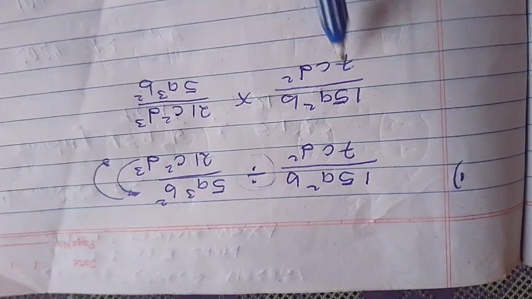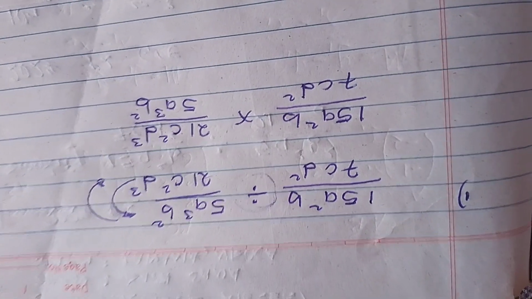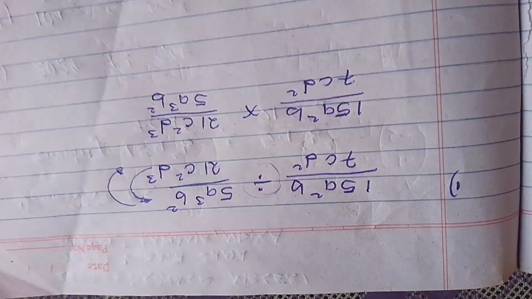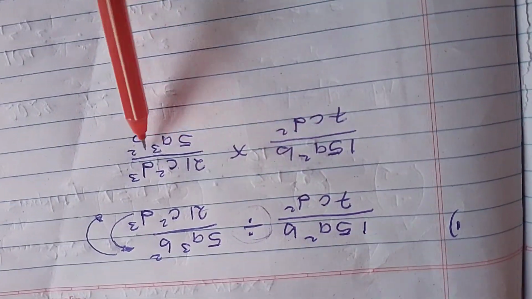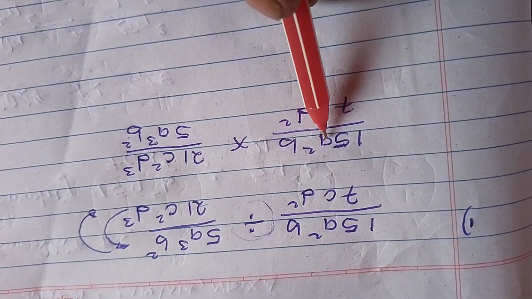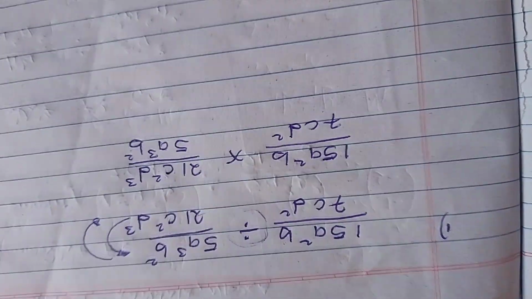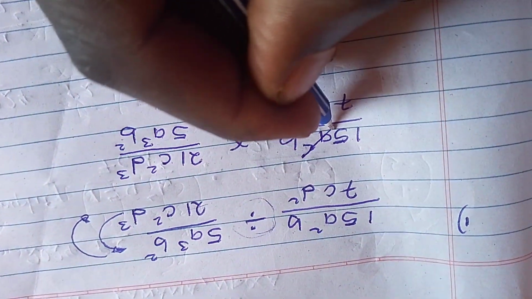Okay, so once you change the division sign to multiplication, you can now start simplifying. So how do we simplify? Very simple. All these letters on the top will be considered as 1, and on the bottom also. So when you look at the top part, we have a to the power 2, then down here we have a to the power 3, meaning a to the power 2 will be cancelled.